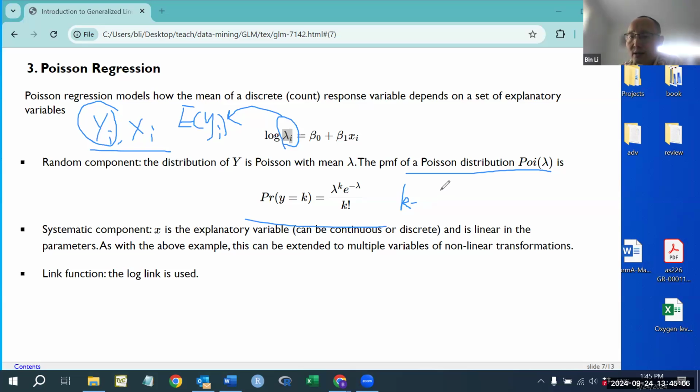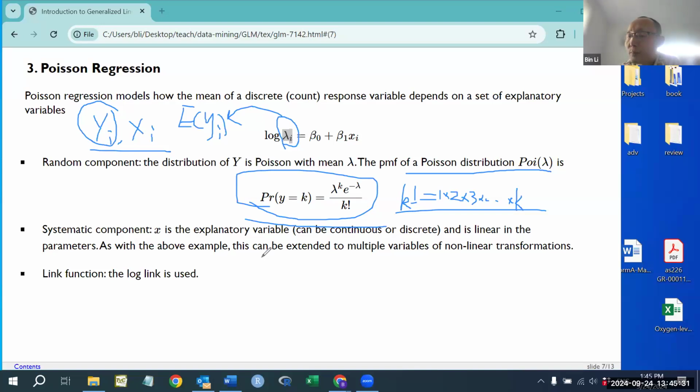It starts with 1 times 2 times 3 times ... up to k. That is called k factorial. So this is the PMF for the Poisson distribution.